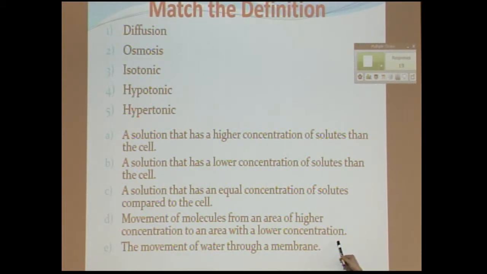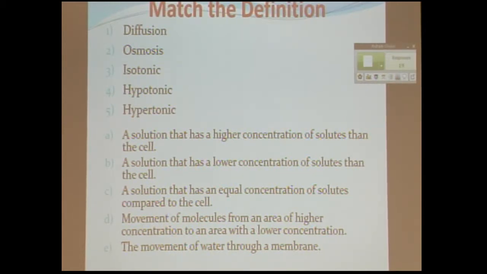So diffusion is D. So the diffusion is the movement of any molecule from higher to lower. Doesn't matter what kind of molecule it is. What's osmosis? So E. So osmosis is the diffusion of water across the cell membrane. That's osmosis. It gets its own word.